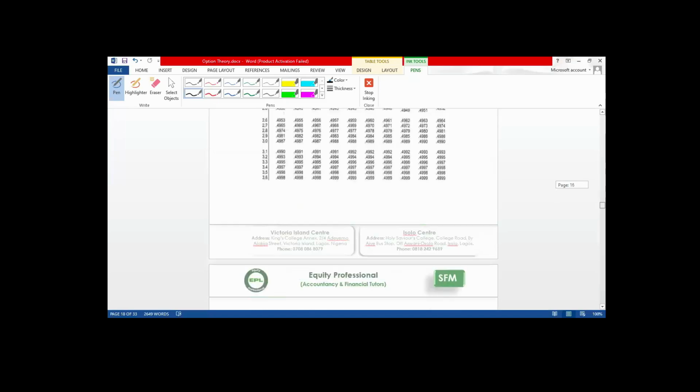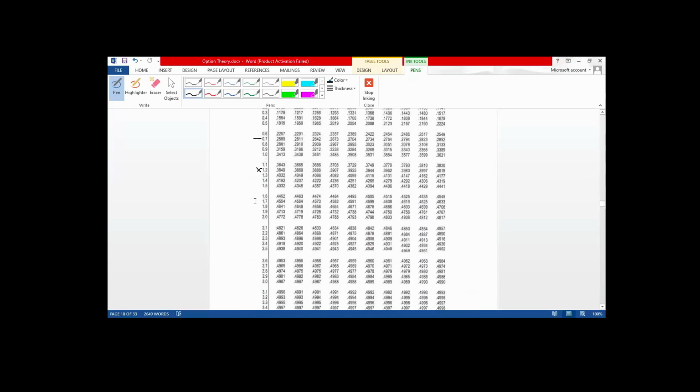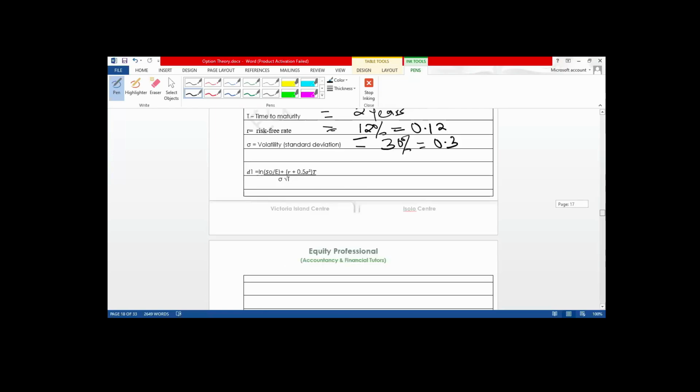Look at the table here. 0.7. Now count to 8: 0, 1, 2, 3, 4, 5, 6, 7, 8. 0.2823.